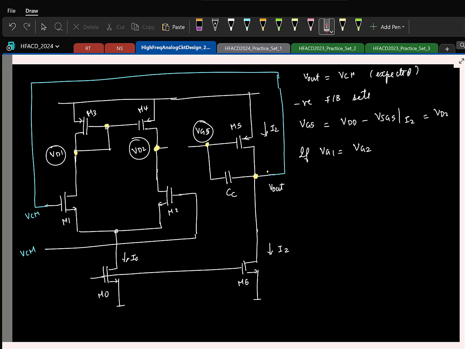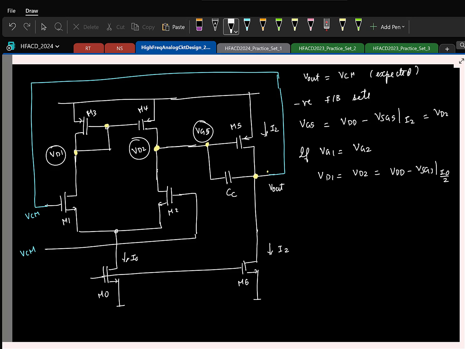They have to be the same. We have seen it multiple times. So this will mean that VD1 must be equal to VD2. And this in turn must be equal to, what is VD1? VDD minus VSG3 at a current of, okay.